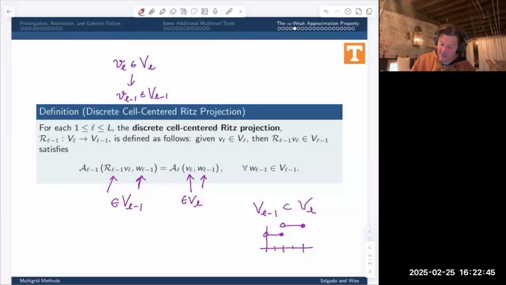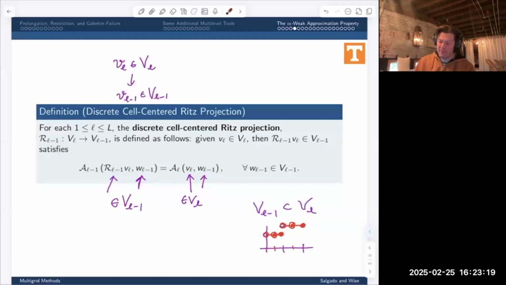What's the natural inclusion? I just take that function to be like that, the next piece like that, the next piece like that, and then the next piece like that. So I hope you see that the function I just defined is a function in the fine grid space VL. It's defined on 4 different intervals, and it's a piecewise constant function.